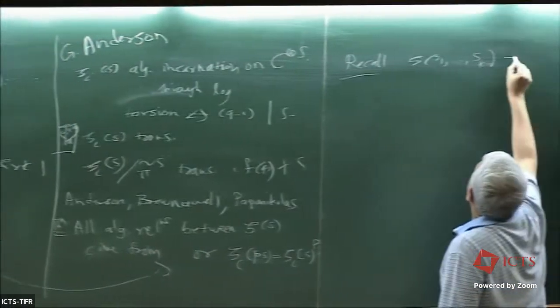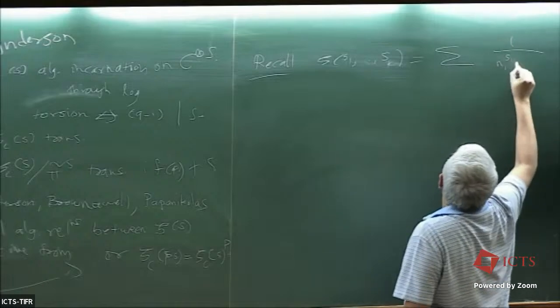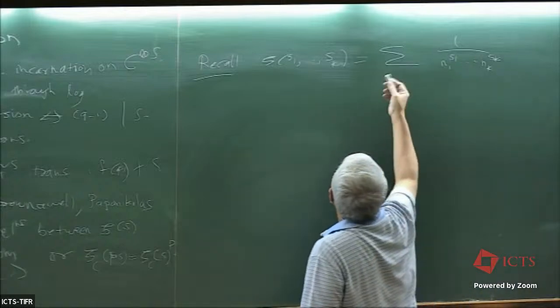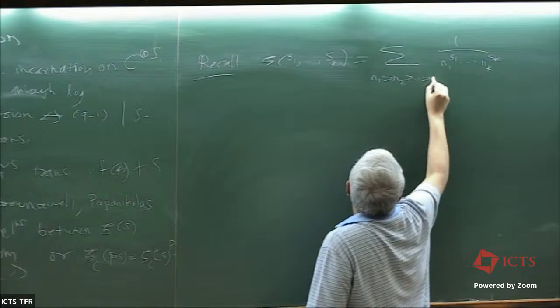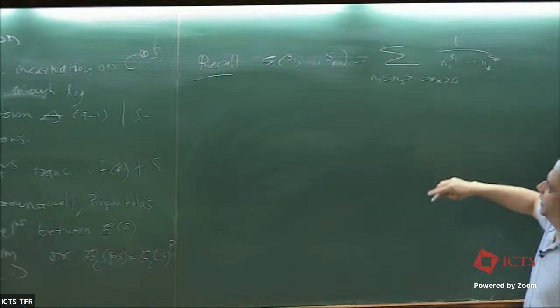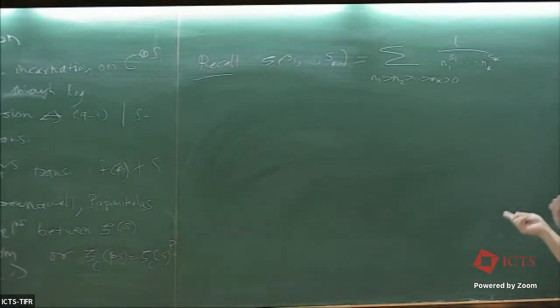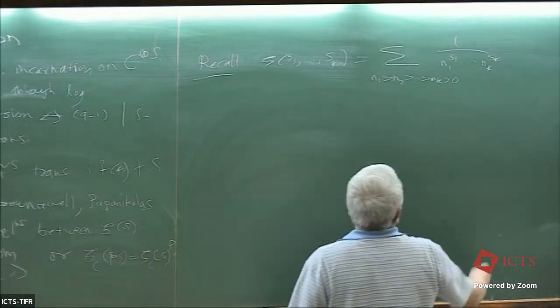So zeta of S1 to Sk is usually, for me, 1 over N1 to the S1, Nk to the Sk, and N1 is greater than N2 greater than Nk, and that's greater than 0. And there is some condition about first or last coordinate to be 1 for convergence, because in the other talk sometimes this order was reversed. So I don't want to get into this in front of the board. So that's a real number. That's the usual multi-zeta value.